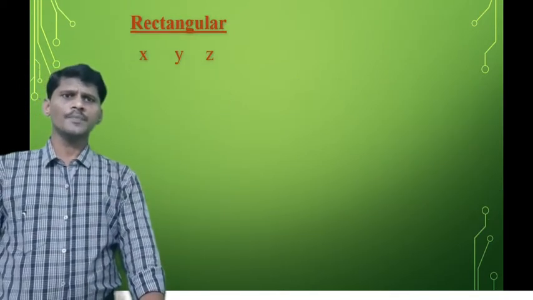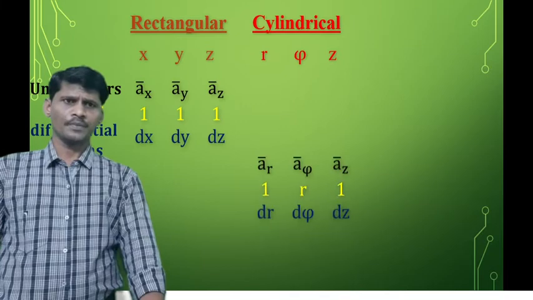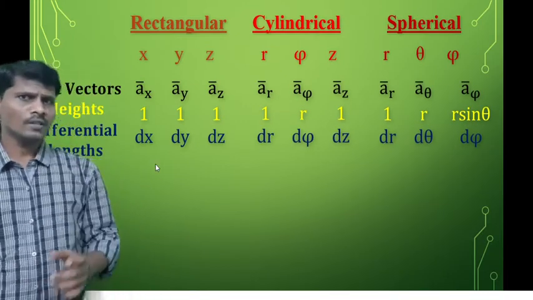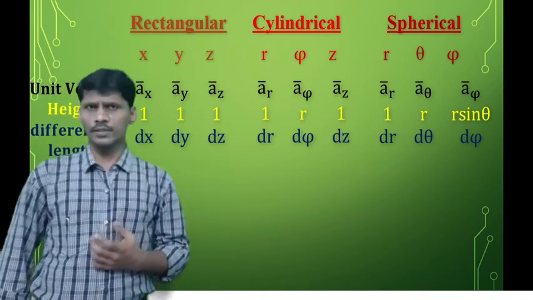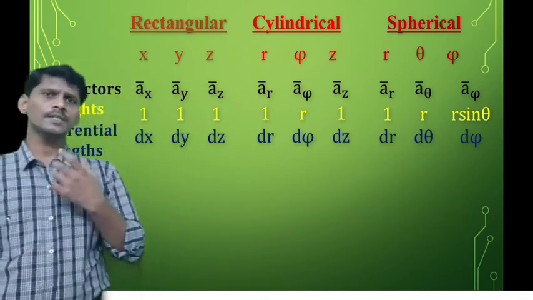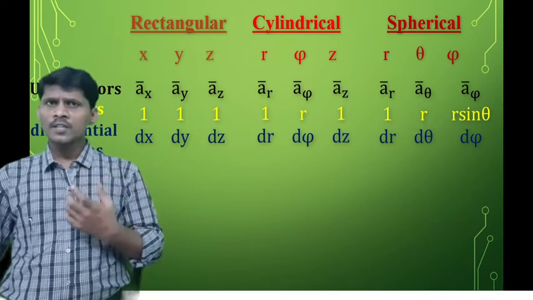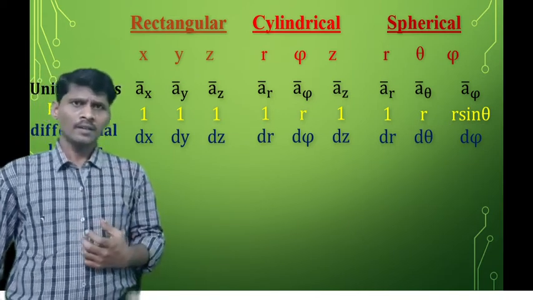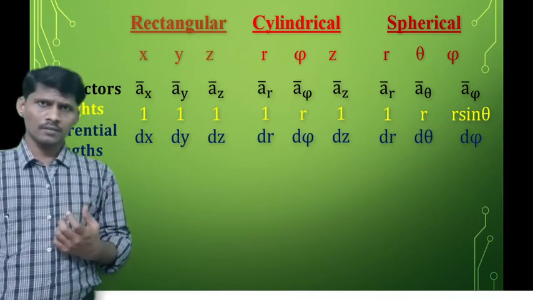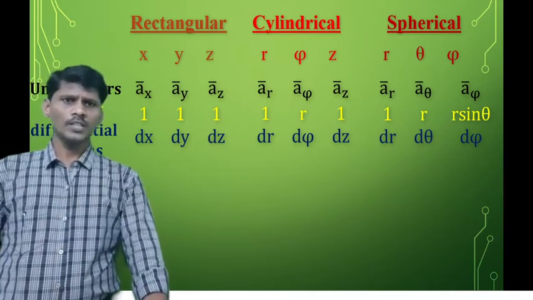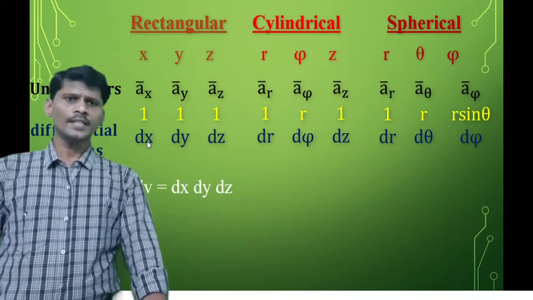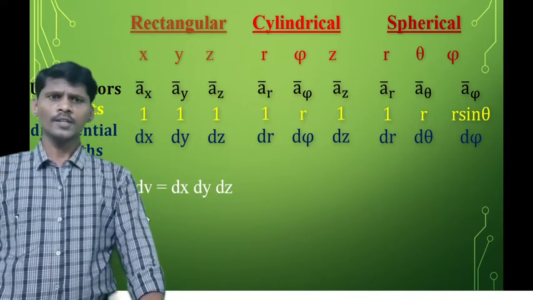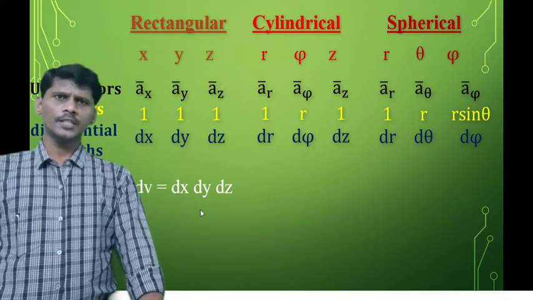Next, calculate differential volume. Differential volume is a scalar quantity. What is the difference between scalar and vector? Scalar has only magnitude, and vector has both magnitude and direction. Differential volume is scalar, so dV is equal 1 dx into 1 dy into 1 dz. Therefore, dV is equal dx dy dz.